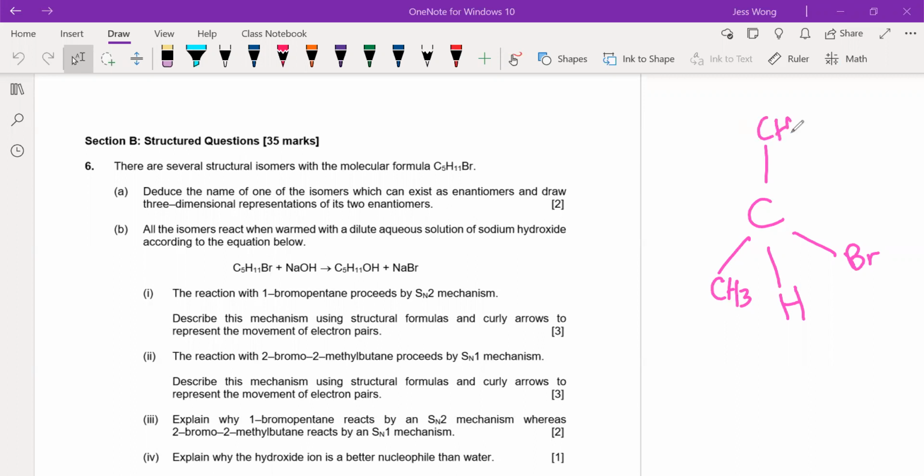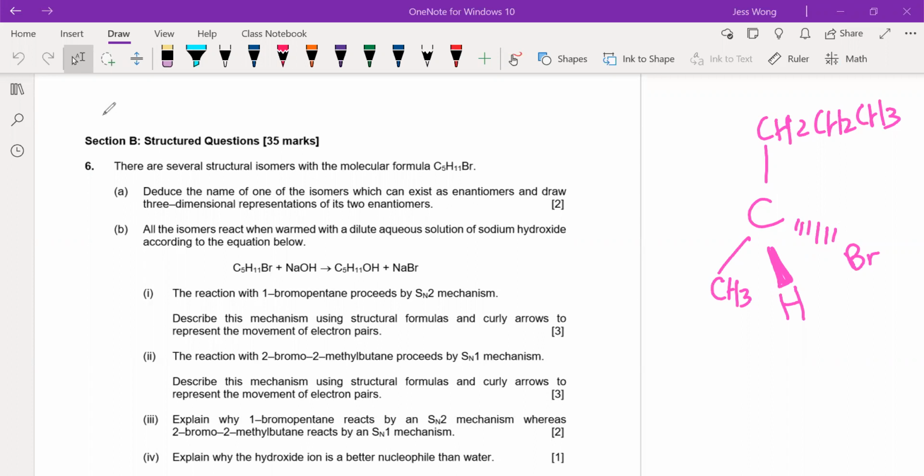So you have a CH2, CH2, CH3, right? Now, obviously this structure is not a 3-dimensional structure, but it's just to show you how to achieve that chiral carbon. Now we convert it into a 3-dimensional structure. So we will have one of them which is out of plane, and then another will be behind the plane, right?